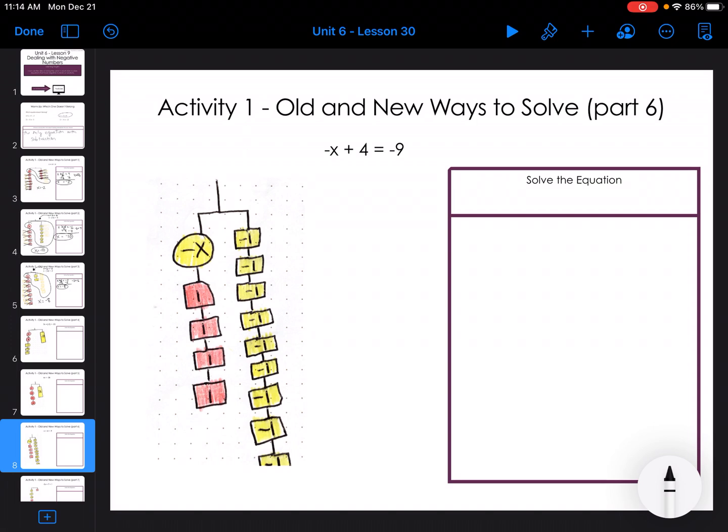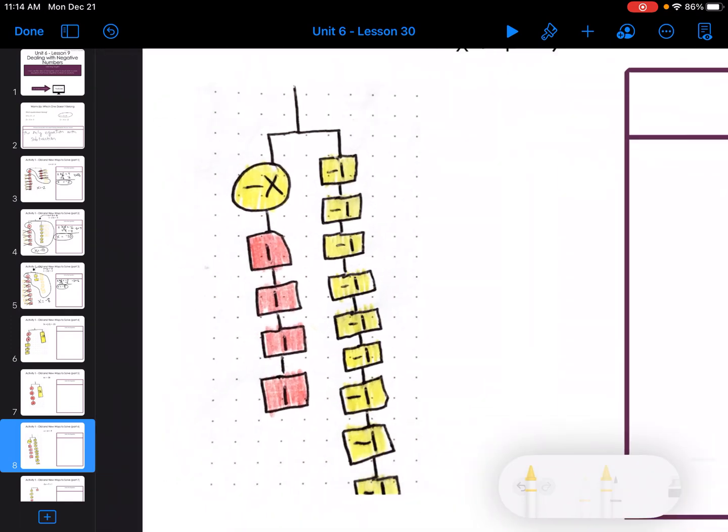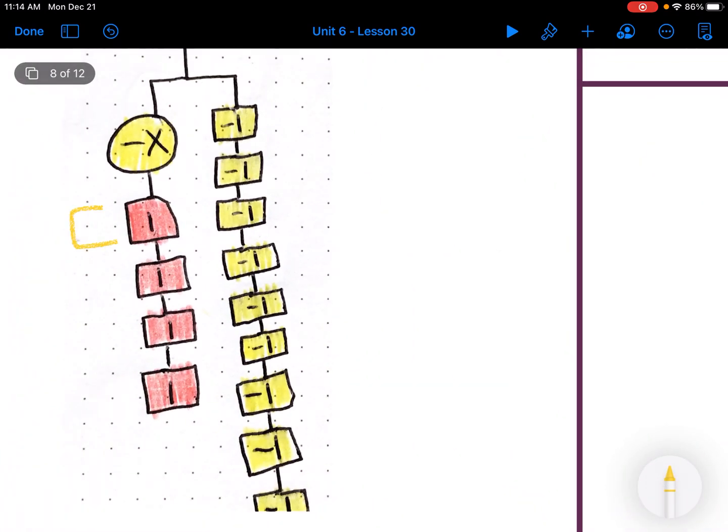Alrighty, so for this one, we are going to have to zero out first. So that's a -1, -1, -1. So that means I have to add 4 negatives.